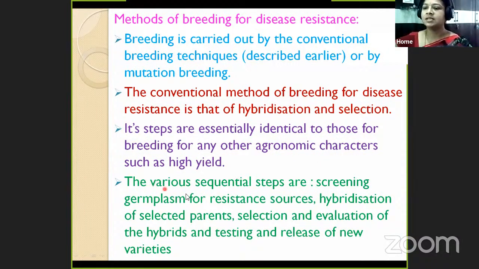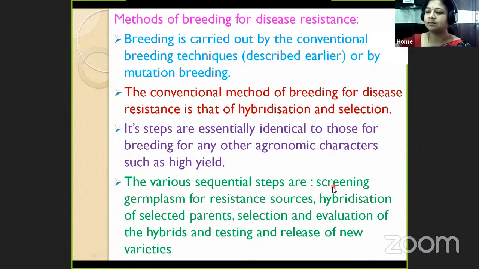The various sequential steps are there. Screening germplasm for resistance source. Screening means finding out about the germplasm for resistance source. If the ancestors of a cultivar contain disease-resistant genes, those resistant genes are isolated from the ancestors of that cultivated variety and transferred into the new cultivated variety.